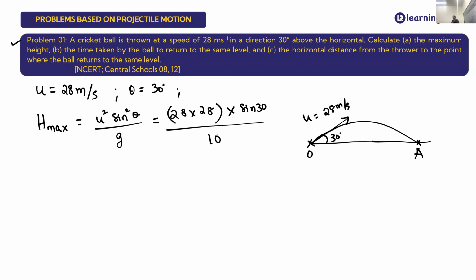If at all they have not mentioned anything, generally we take it as 9.8 only. But sometimes we can take it as 10 also. But you check this with your teacher. If your teacher is particular that you need to take only 9.8, then go with it.